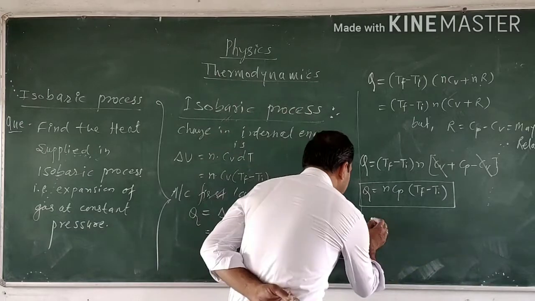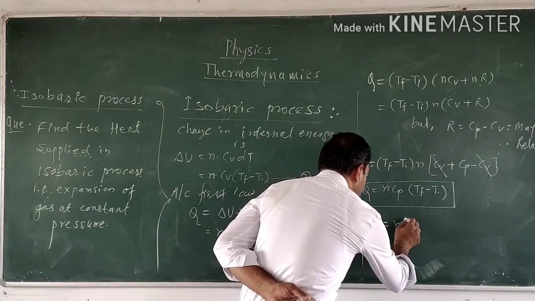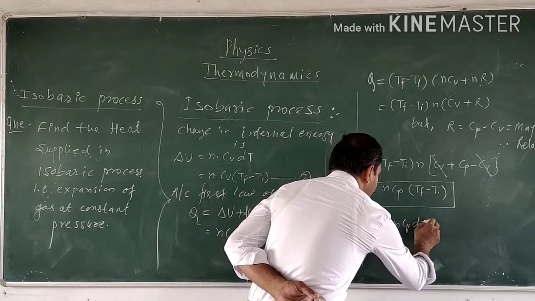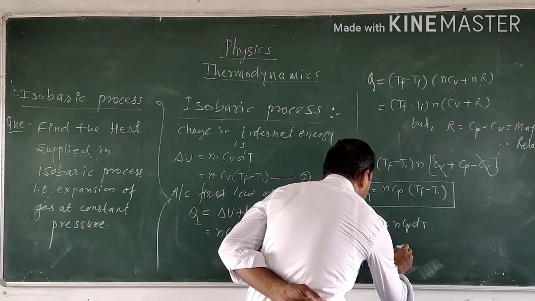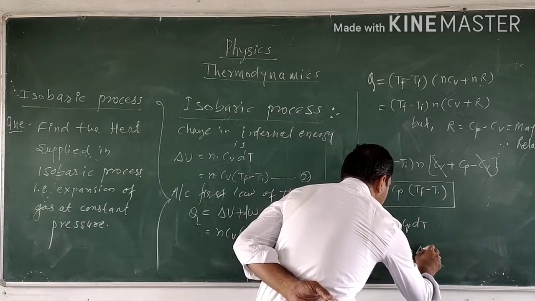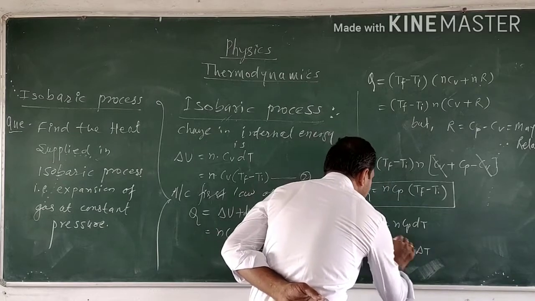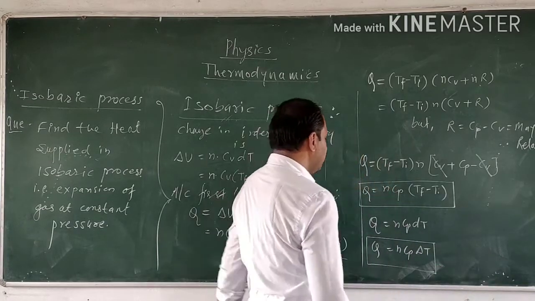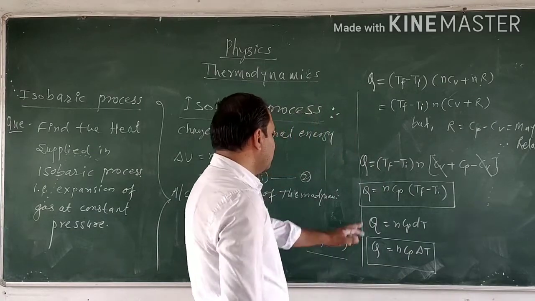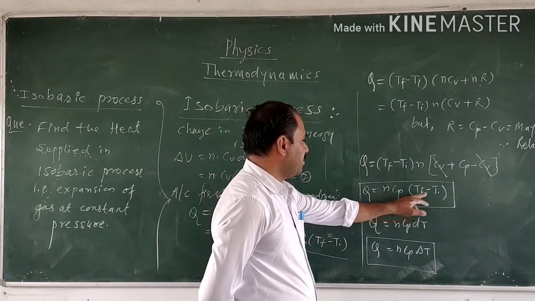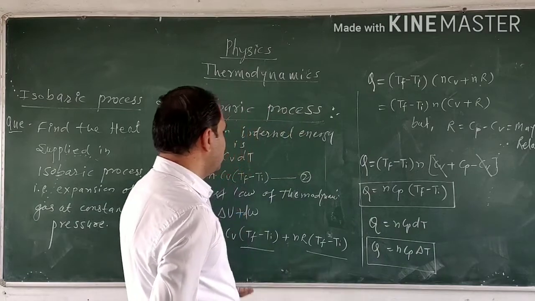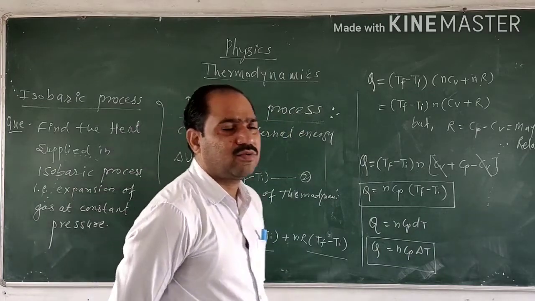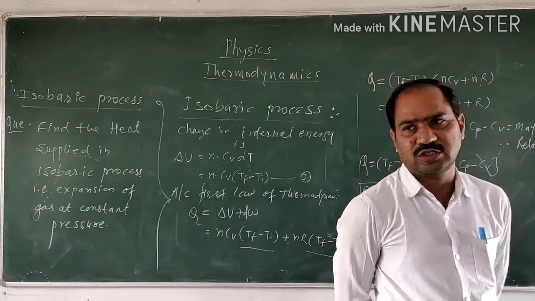Again, this expression can be written as Q equal to n Cp dT, or Q equal to n Cp delta T. These are the alternate statements for the heat supplied to the gas. This gives you the amount of heat supplied to the system in the isobaric process.